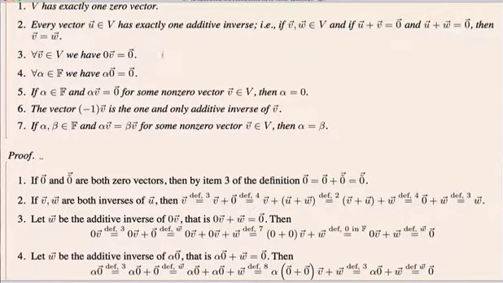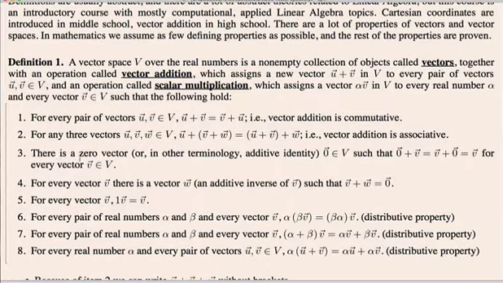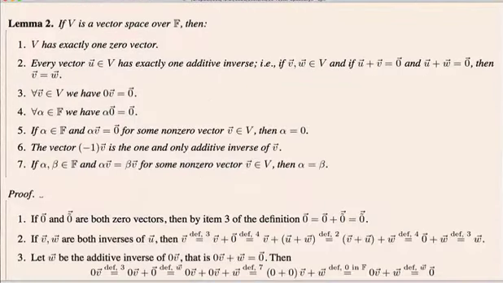Proving the second one, that there is exactly one additive inverse. Let's assume that v and w are inverses of u. Then we can write v as v plus 0 using the third property of the definition, that says that we have this zero vector that can be added arbitrarily to vectors and it doesn't change them.